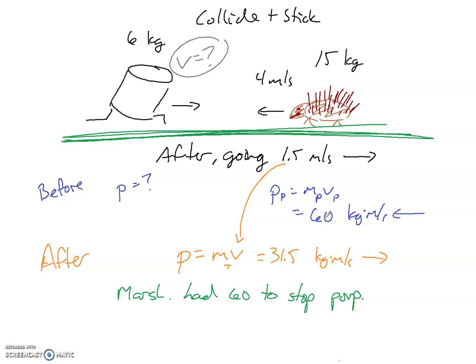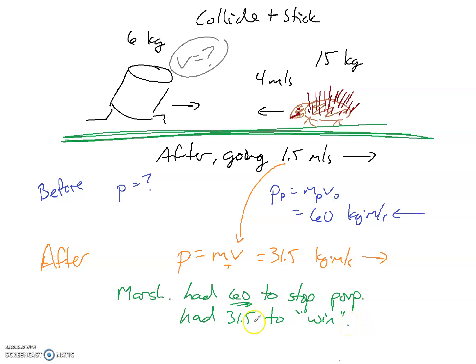Sort of like the ball question we did a little while ago. So the marshmallow had 60 just to stop, but not only did it stop, it also won with 31.5. Okay, so the marshmallow at 60 stopped, but it also had another 31.5 in order to win and keep on going towards the right.